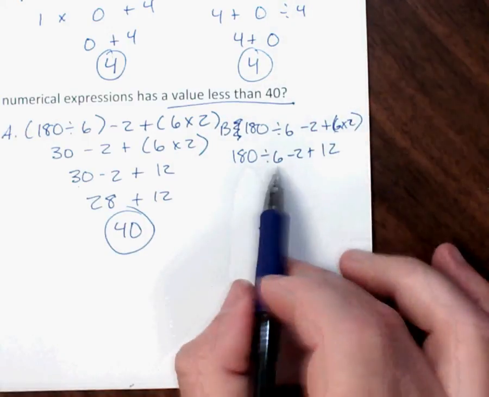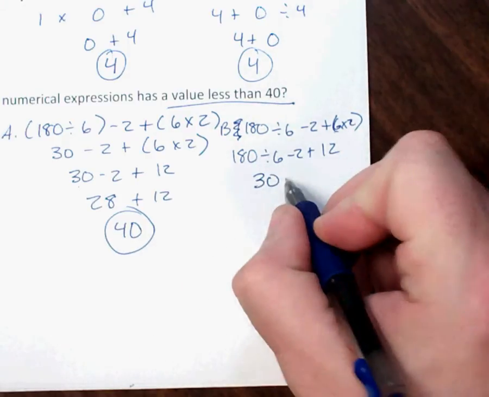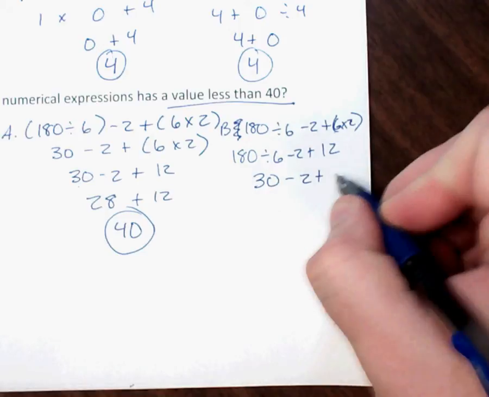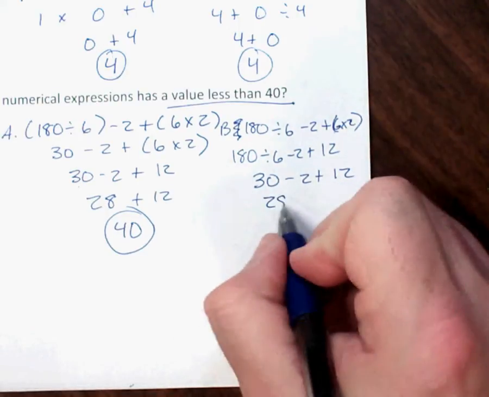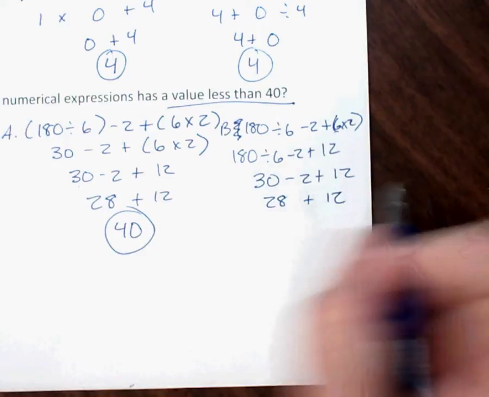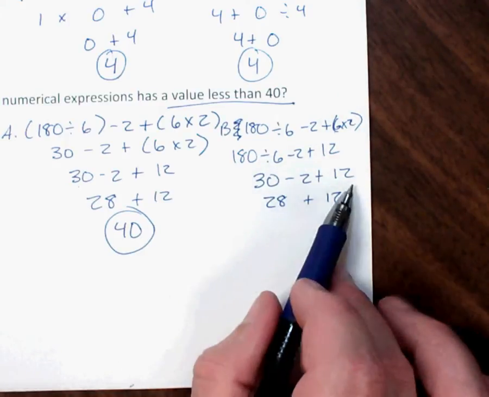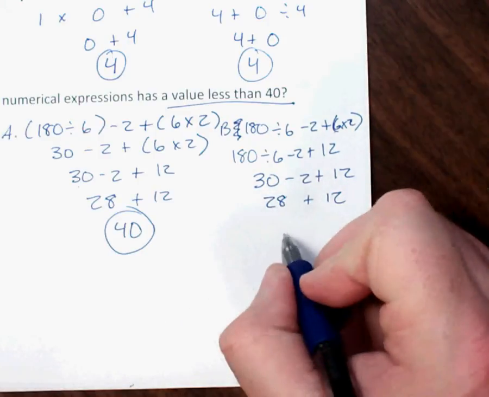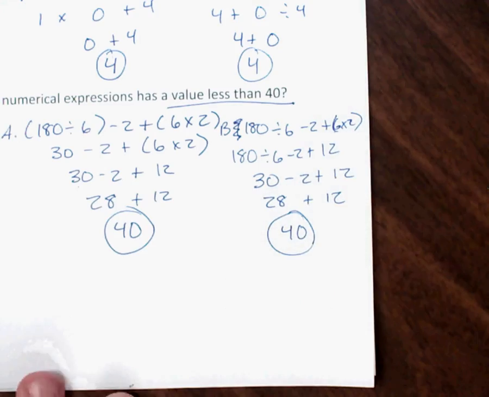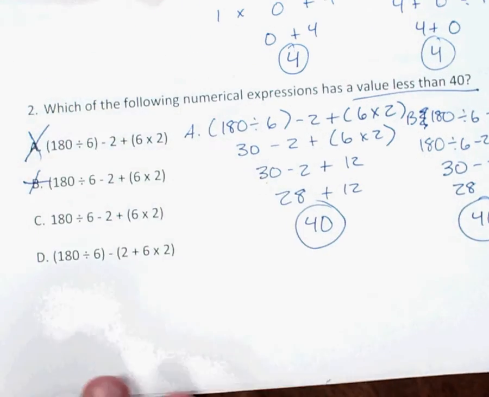Then I've got a division over here, so 180 divided by 6 is 30. Then I'm going to rewrite. And then once again, 30 minus 2 gives me 28 plus 12. Remember, I'm doing the subtraction first because it's on the left, so I'm working left to right once I'm left with only addition or subtraction. 28 plus 12 gives me 40 again. So B's not a good answer choice. It's not less than 40.